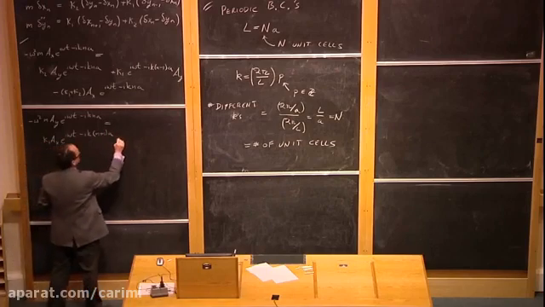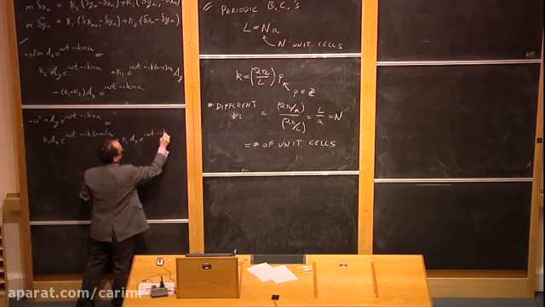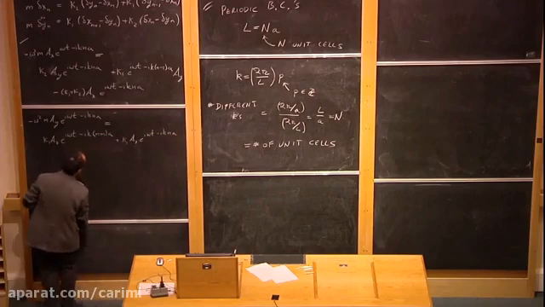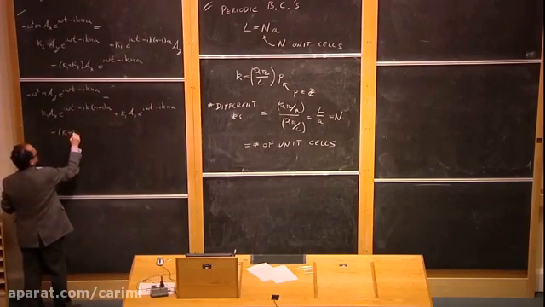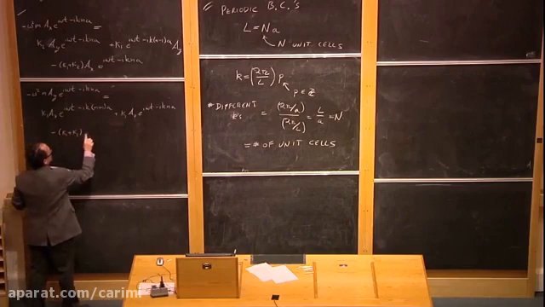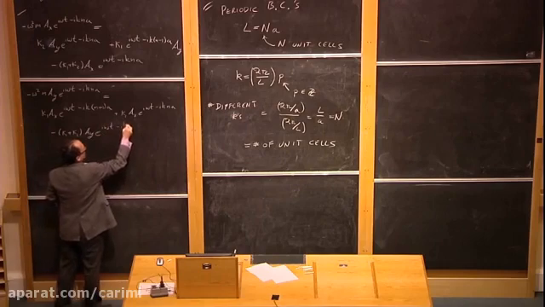And then we have plus kappa 2 ax e to the i omega t minus i k n a, and then the two y terms, minus kappa 1 plus kappa 2, ay e to the i omega t minus i k n a.